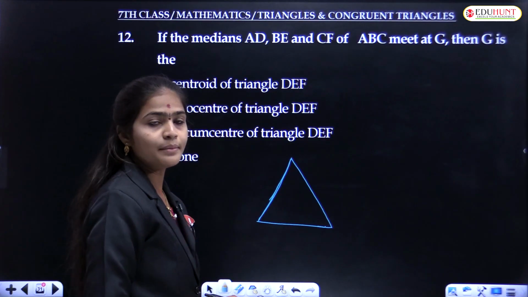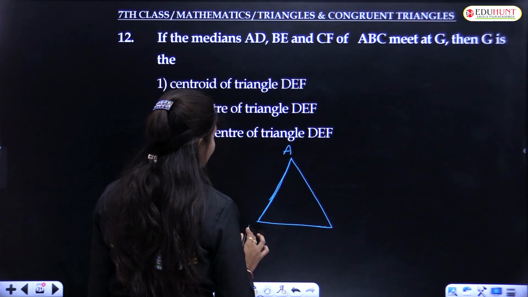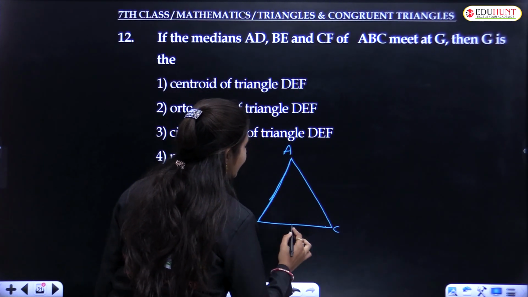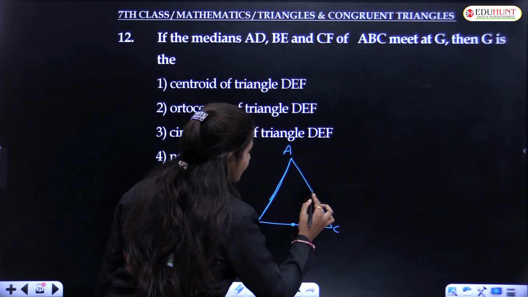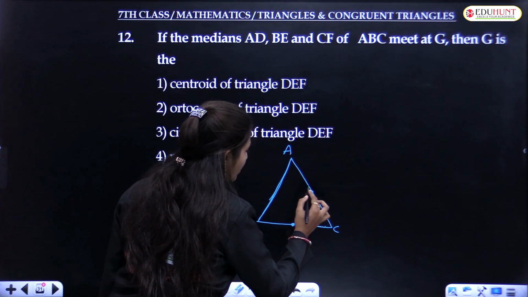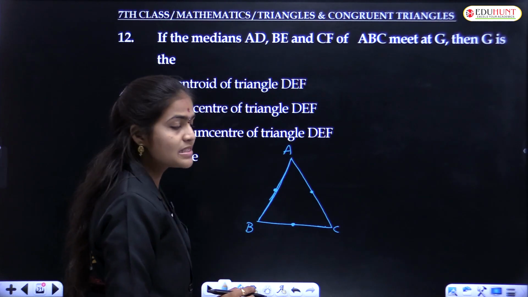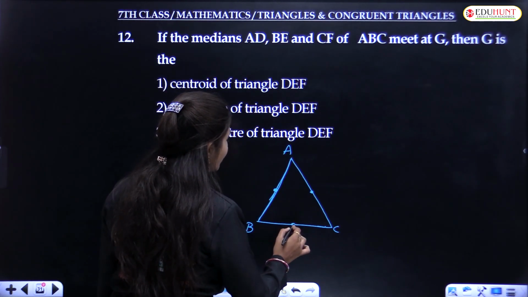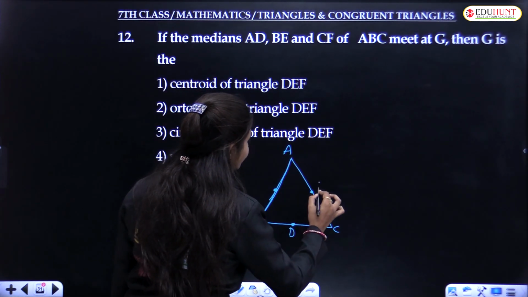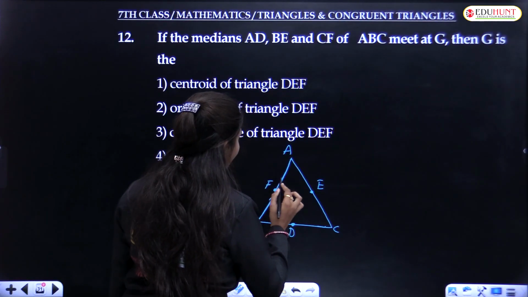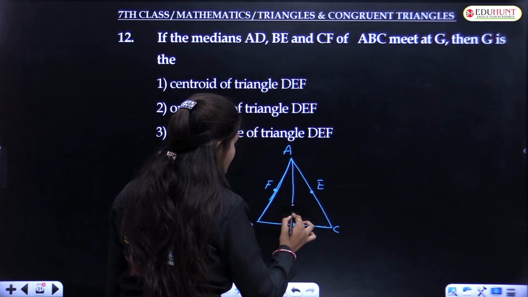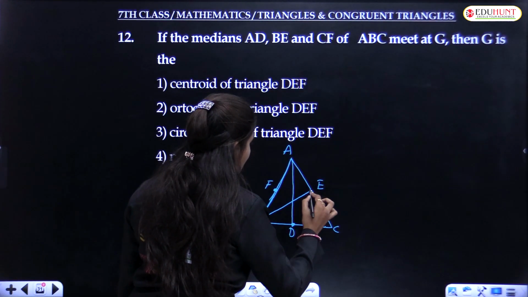This is the triangle ABC. Medians mean the line segment which joins the vertex to the midpoint of its opposite side. Here these are D, E, F. When you join these three, you will get a diagram like this.